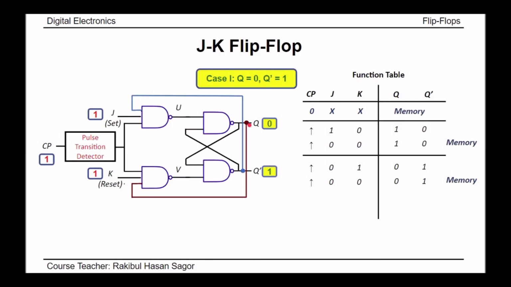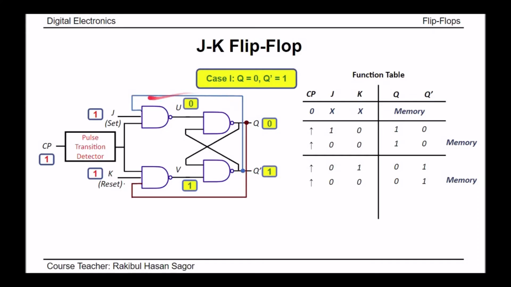At K side, we have feedback from Q. This feedback will appear here. The value of Q is 0, so this 0 will appear here. So we have clock pulse equal to 1, K equal to 1, but feedback is 0. So the value of V will be 1. At J side, we have J equal to 1, clock pulse equal to 1, and this Q prime feedback will appear at this gate.